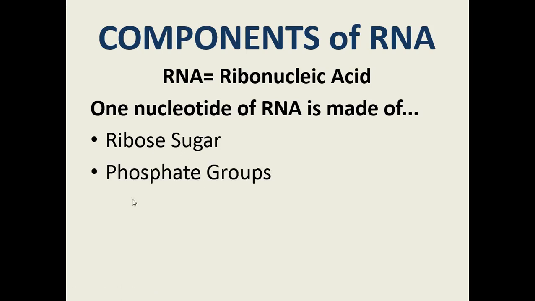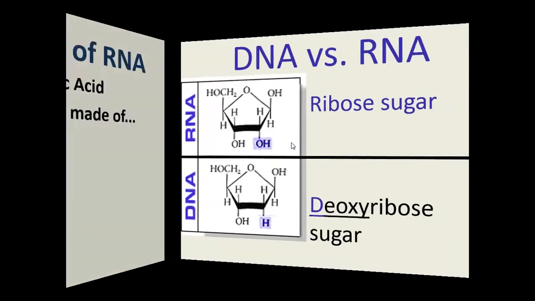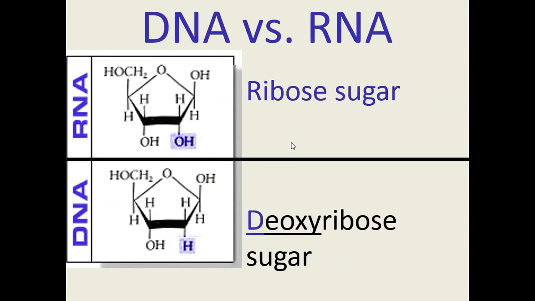They're still going to have phosphate groups. And they're still going to have the nitrogen bases. So sugar, phosphate, base, just like we had in DNA. However, we have a different sugar. All right, so here's a picture for you. This is the sugar group for RNA.